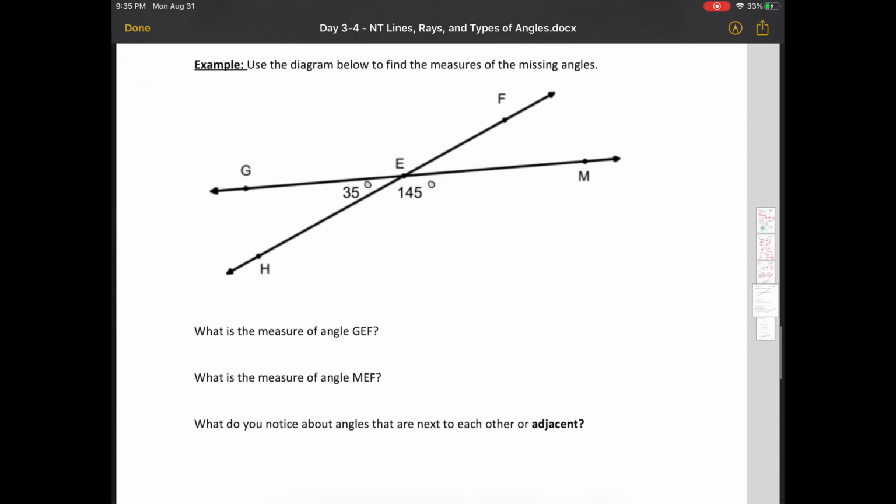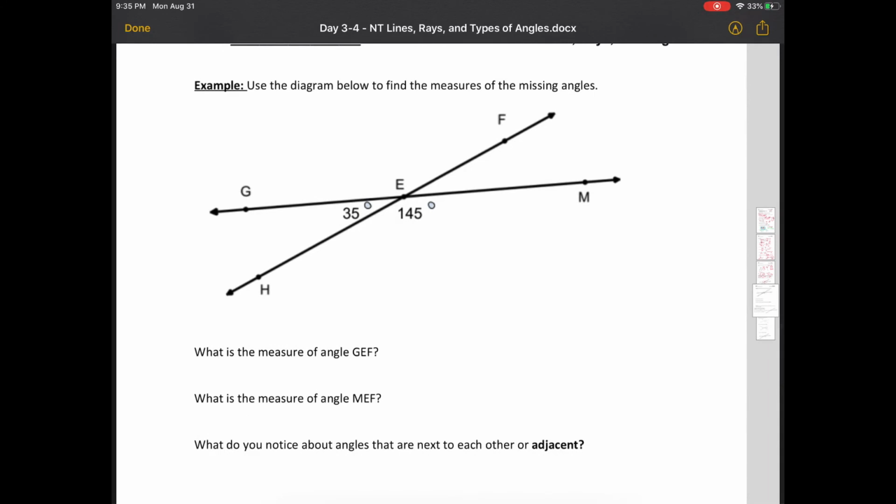So now let's go ahead and apply this to some diagrams with some actual numbers. If we look at the diagram up here, what is the measure of angle GEF? If we look at what we just labeled before, we said that when two lines meet or two lines cross, it creates vertical angles, two straight lines.